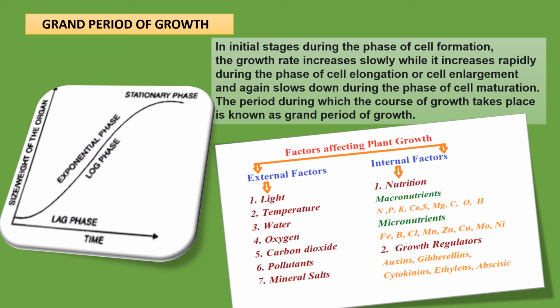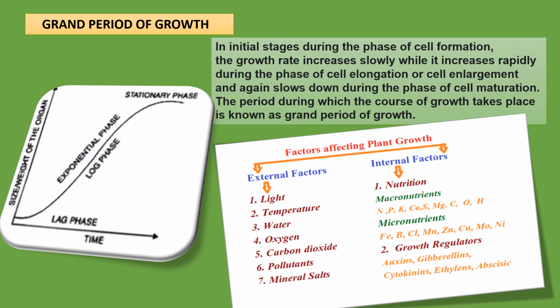Now see the graph. Through x-axis we have taken time and through y-axis we have taken size or weight of the organ. Now a hyperbola type of curve has come, which is exponential phase or log phase. The last one is stationary phase and the first one is lag phase.